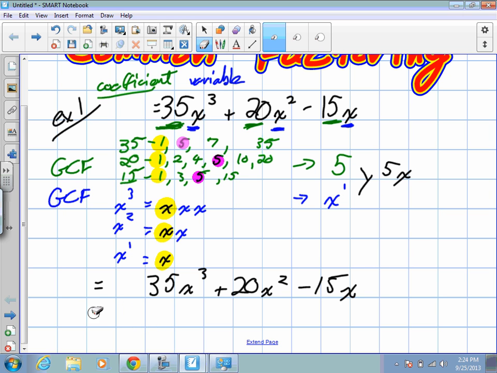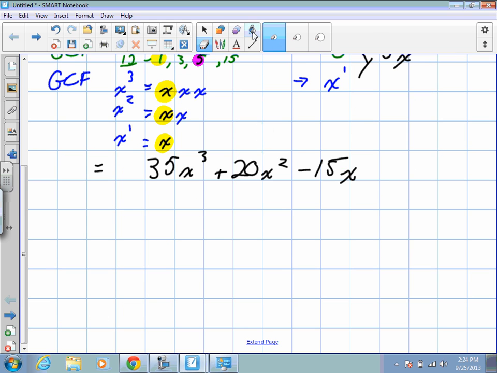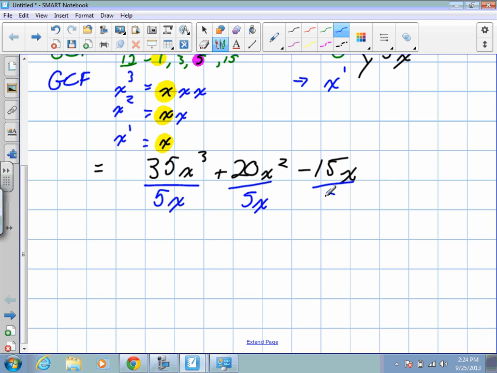So, since we just discovered that the greatest common factor is 5x, we're going to divide each of these by 5x. So, to start off, this 5x now comes to the outside of a set of brackets. We write our bracket, and we're going to divide the coefficients to start. What is 35 divided by 5? 7. Good. What about x cubed divided by x? x squared.